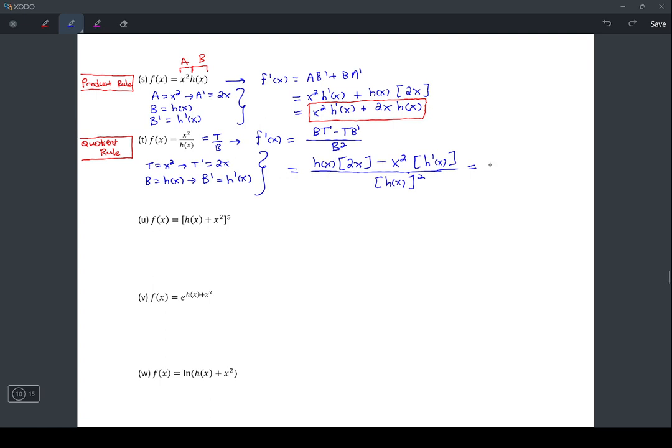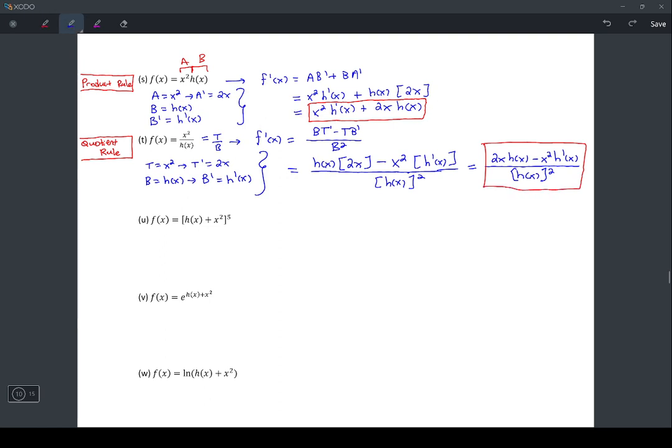I'll put the 2x in front of that first term. And I'll drop all the extra brackets. 2x times h of x minus x squared times h prime of x, all divided by h of x, all squared. Can't do any better than that, because we don't know what h of x is.